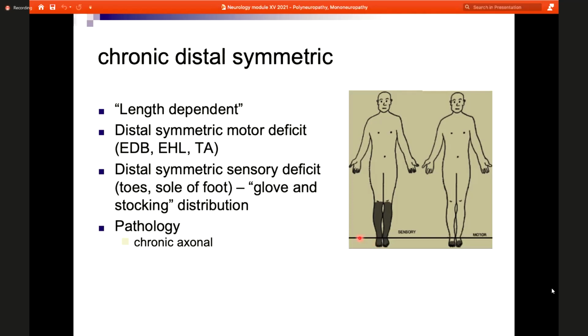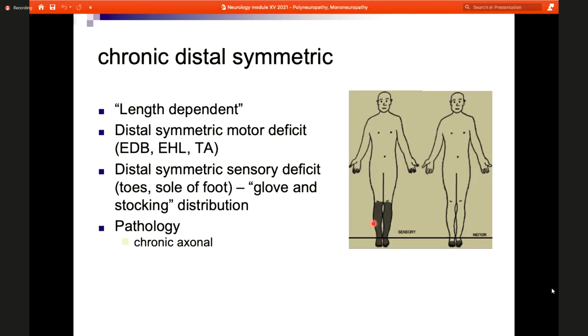Now what happens? The degeneration spreads proximally. So it's called the dying back phenomenon. The degeneration spreads proximally, and then the shorter nerves start getting affected. So it will start in the toes and gradually spread proximally.